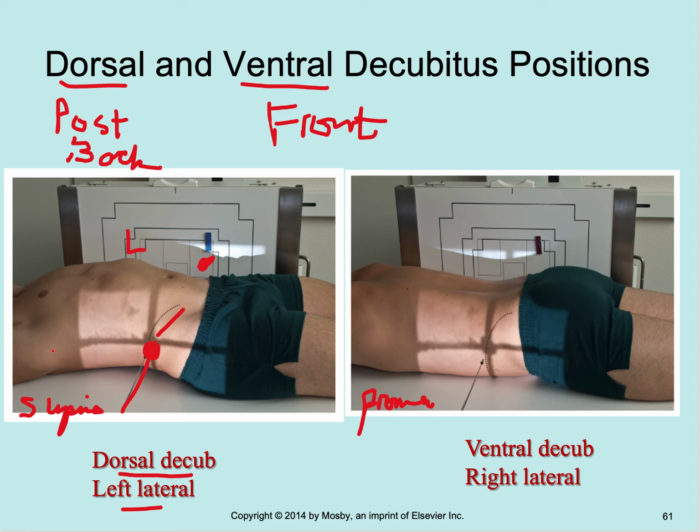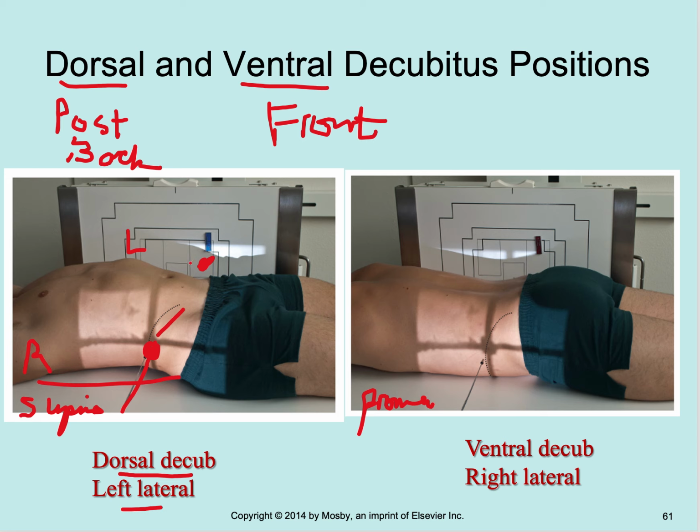So the left side is closest. This is the right side over here. So our dorsal and ventral decubitus positions. Dorsal decube because they're on their back, they're supine. And it is a left lateral because we talk about it as the side closest to the image receptor.